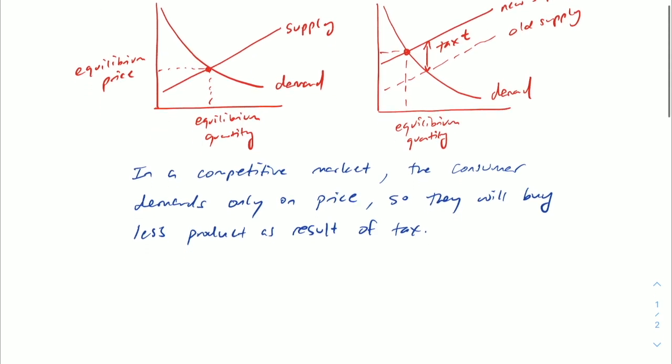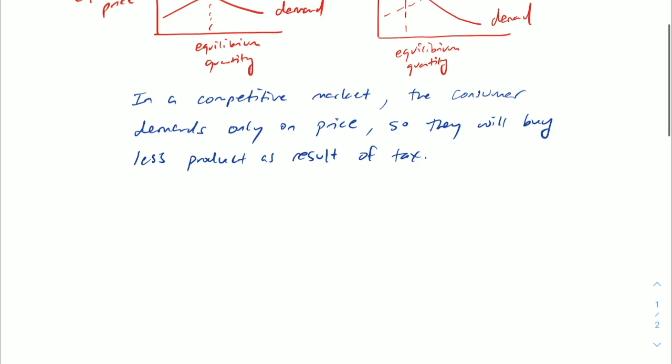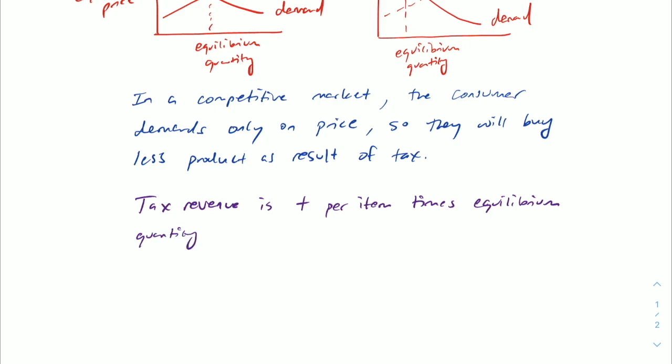The revenue that the government gets from this, the tax revenue, is the tax per item times the quantity, the equilibrium quantity. I.e. T is little t times Q. So if the tax is high, the Q will be low.